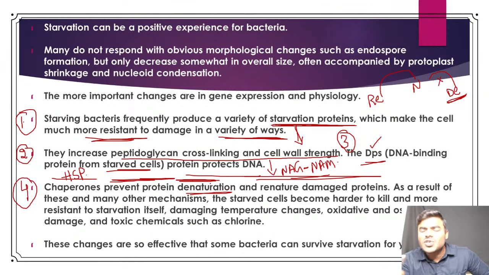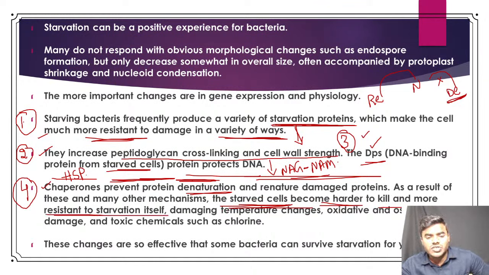If the protein is not biologically active, if the protein is in the renatured condition, then they will bring it to the normal condition. So friends, because of these four mechanisms, ultimately, that is our ultimate goal, the starved cell becomes extremely harder to kill and more resistant to starvation itself.